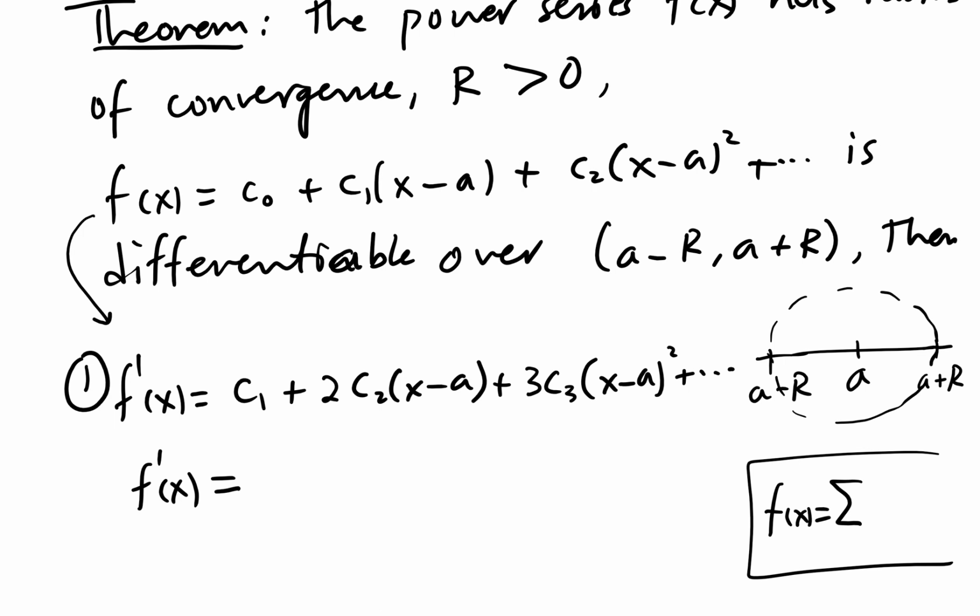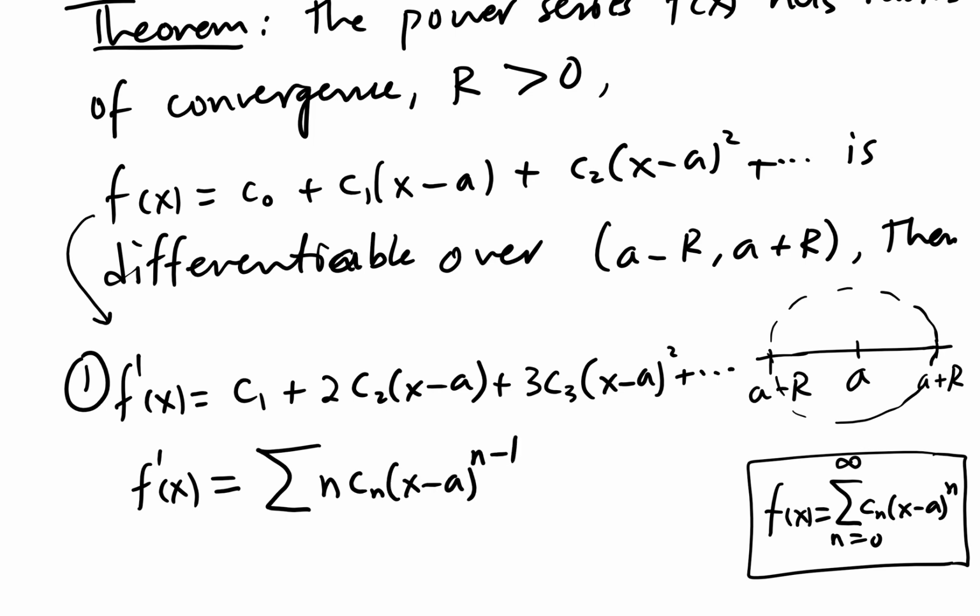It's the sum of Cn, the one we wrote earlier, x minus a to the n. When I find the derivative of that, this is what happens. You bring n down, so n times cn times x minus a to the n minus 1, where n changes from 1 to infinity, not 0, because the first term was dropped. So this is important stuff.